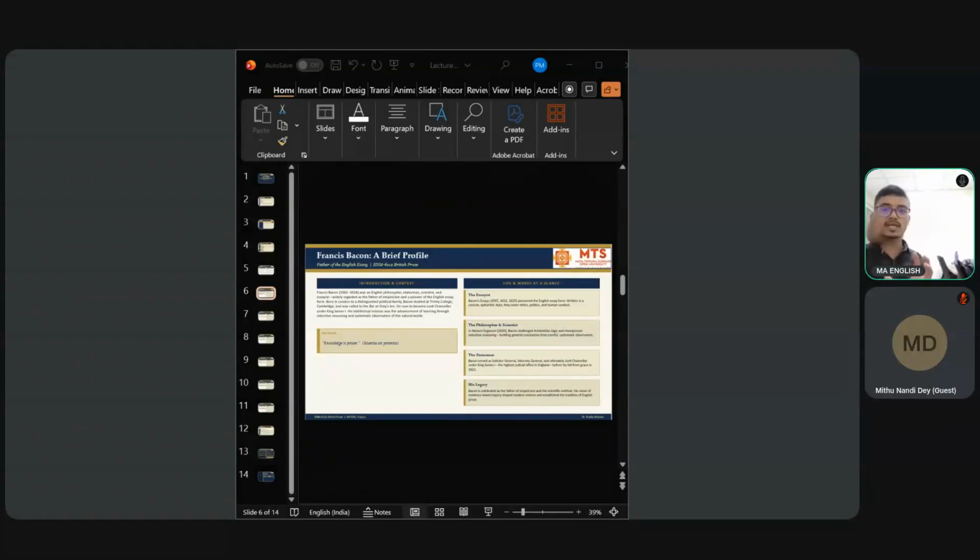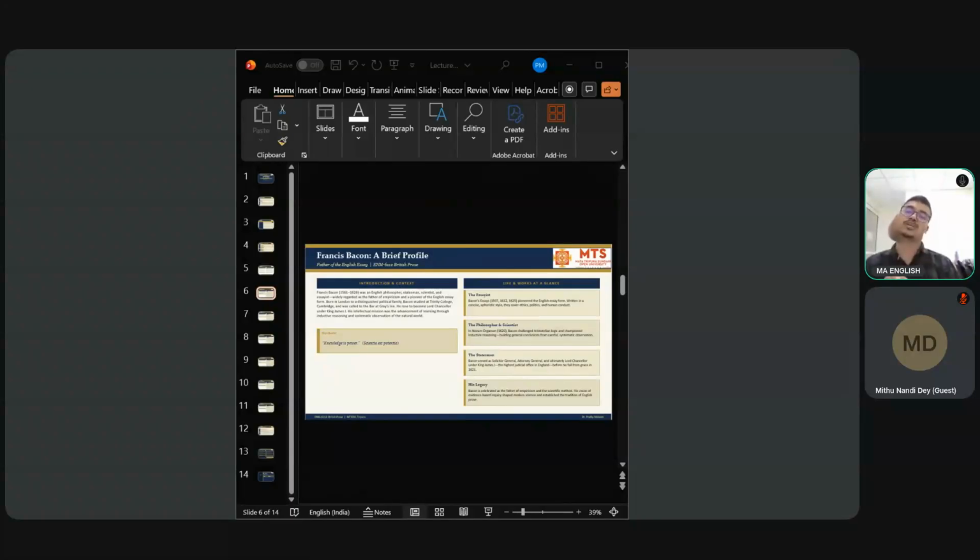It was a time of great intellectual, scientific, and artistic achievement. Think of William Shakespeare, Christopher Marlowe, and also Philip Sidney. Francis Bacon was their contemporary.